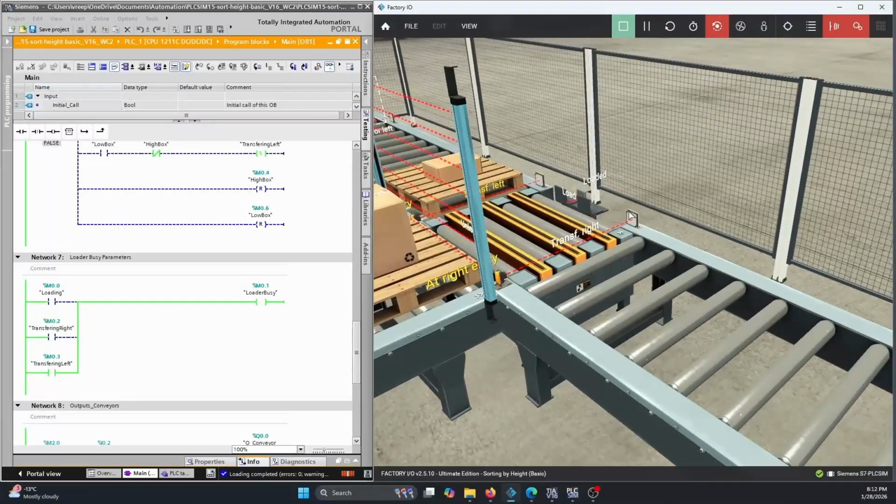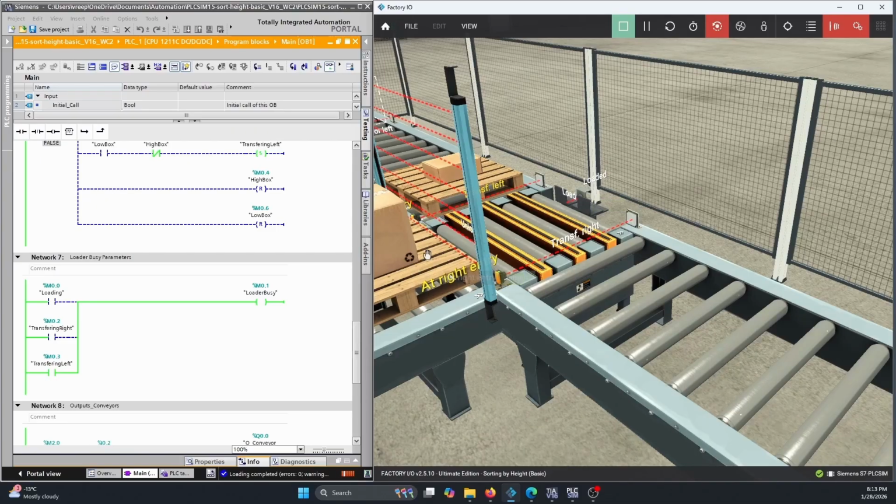I was calling it transfer right or transfer left before, but it's at right entry or at left entry. Once it's past the at left or at right entry, then it's no longer loading and no longer transferring right or left. So at that point, the next pallet could theoretically come in.